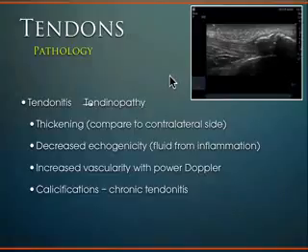And I mentioned earlier, in terms of that power Doppler, with tendinopathy or chronic tendon problems, there tends to be new vessel formation, which we call neovascularization, in the tendon. So when you put that power Doppler on, you can see some of that neovascularization that is specific to that area of pathology as opposed to the rest of the tendon. And then in general, you can see other changes, like we hear about calcific tendinitis, typically in the shoulder, rotator cuff muscles.